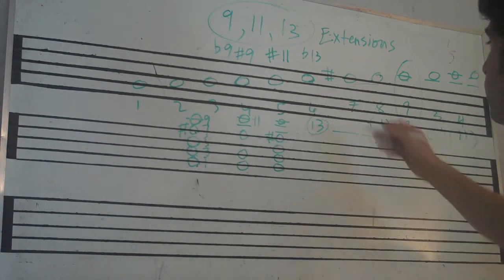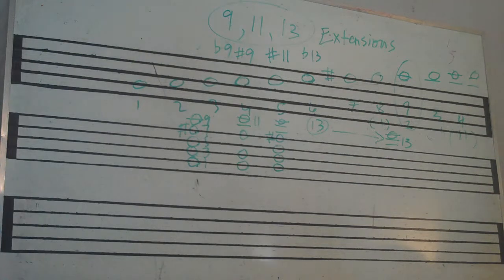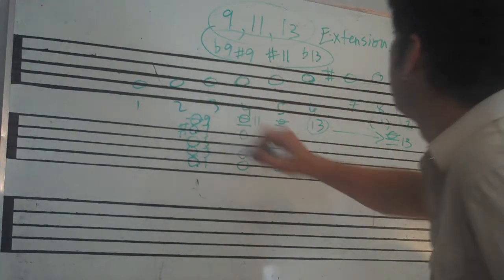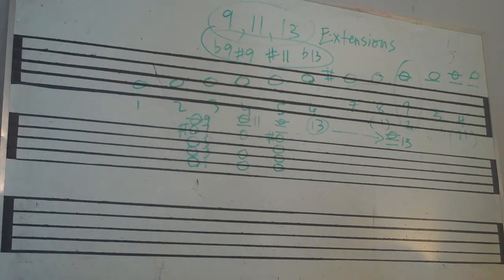And let's see, E, and we'll have to come back to sharp 13. No, that doesn't work, because that would make a flat 7, and that's not part of the chord. So these are our parameters for all of the extensions.